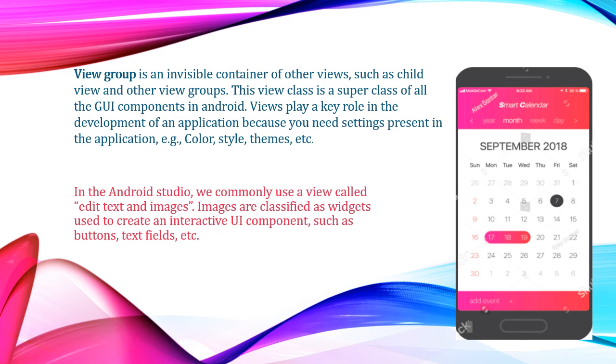In Android Studio, the views we commonly use are called edit text and images. The images are classified as widgets used to create interactive UI components such as buttons, text fields, etc.